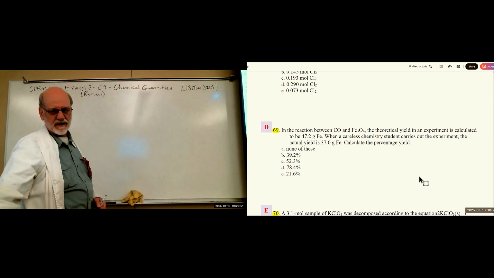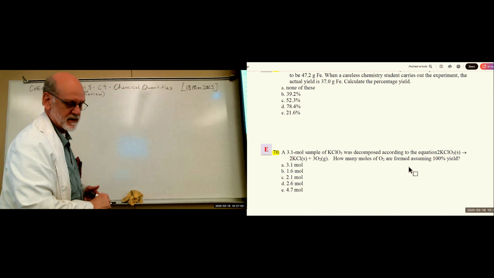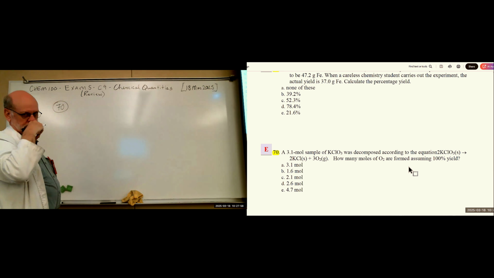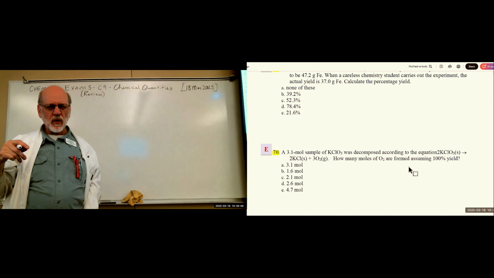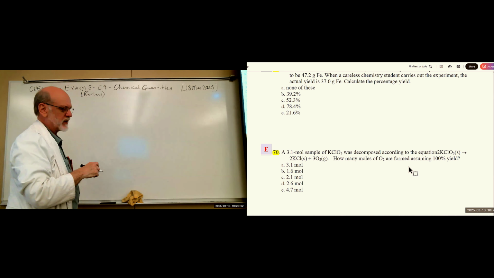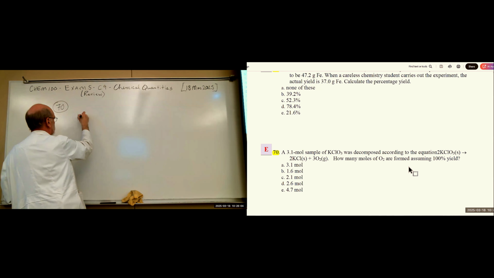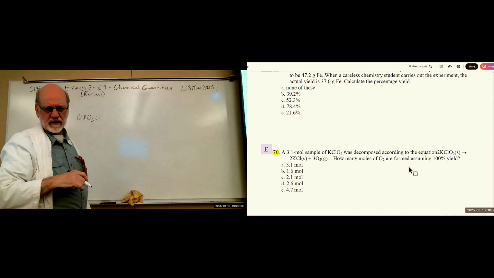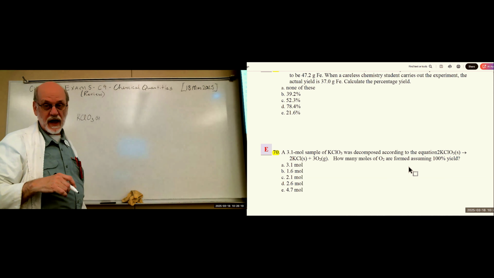Okay, 69. It's like 70 coming up here. 70. A 3.1 mole sample of KClO3 decomposes according to this reaction.